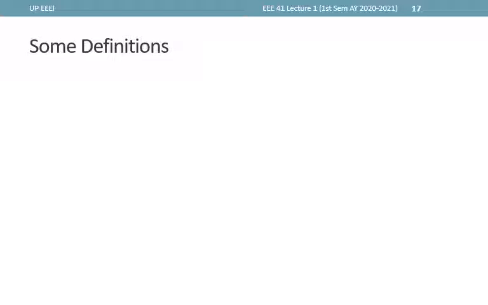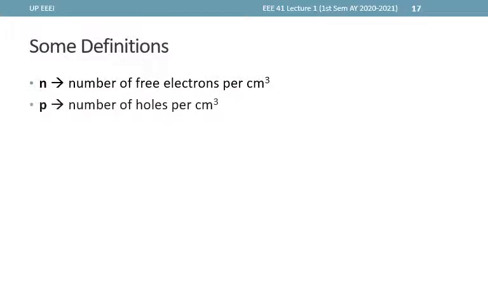So before we start doing some math, we'll define some of our variables first. We'll use the letter N to denote the number of free electrons per cubic centimeter. So this is some number per volume. P will be the number of holes per cubic centimeter, and we'll use N sub I to represent the intrinsic carrier concentration.